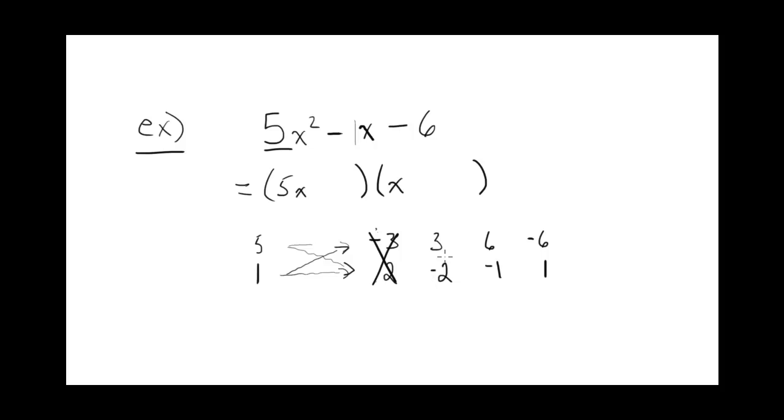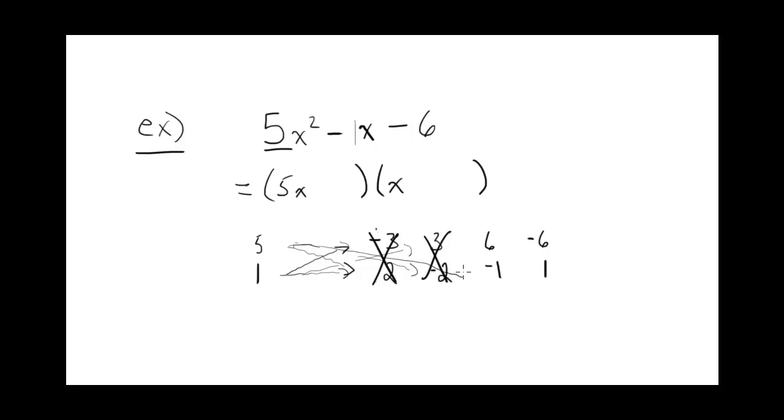Adds to 13. So that doesn't work. But then try the diagonal. And if you try that one, this pair is not going to work. So you have to move to the next pair. 5 times 6, 30. 1 times negative 1, negative 1. Doesn't add to negative 1.